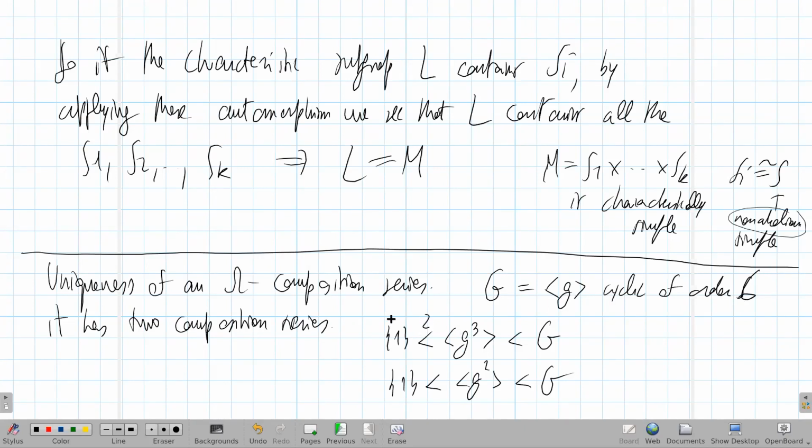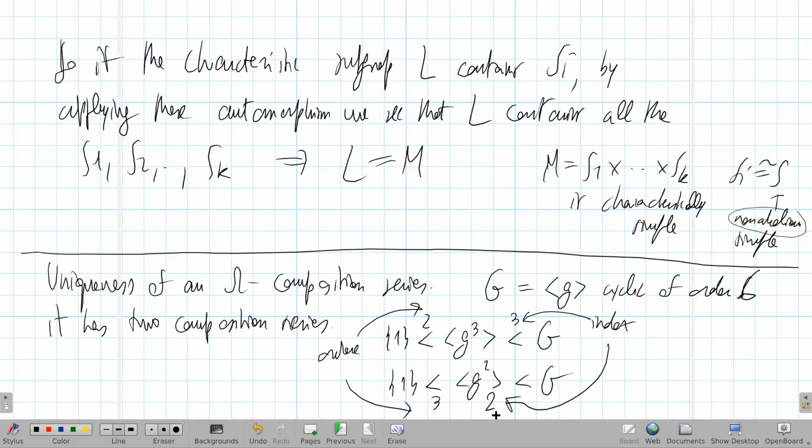So this is the order of the subgroup, and the index is 3. And g squared has order 3, and index 2. So these are two different composition series, also principal series.